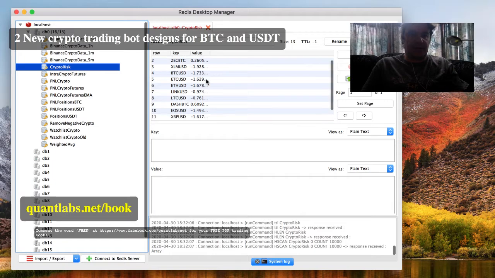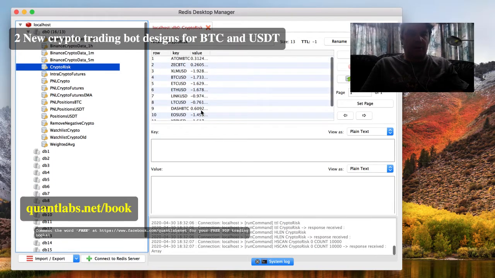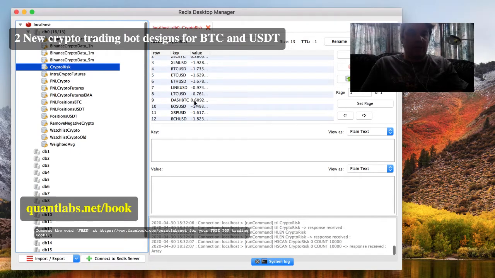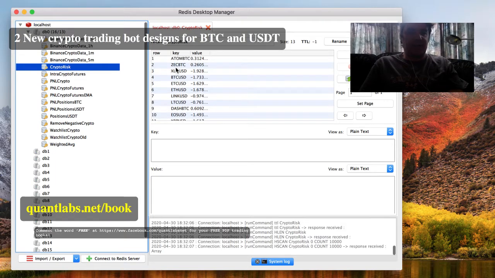I'm just testing this right now. You'll see here out of 12, all of these are listed on the Binance futures market. Everything's down, including Bitcoin. It's all related around Bitcoin, obviously, but you'll get a couple of pairs that will move against Bitcoin, go against the trend of Bitcoin, which is what you want. So you have Dash, Zcash, and Atom.